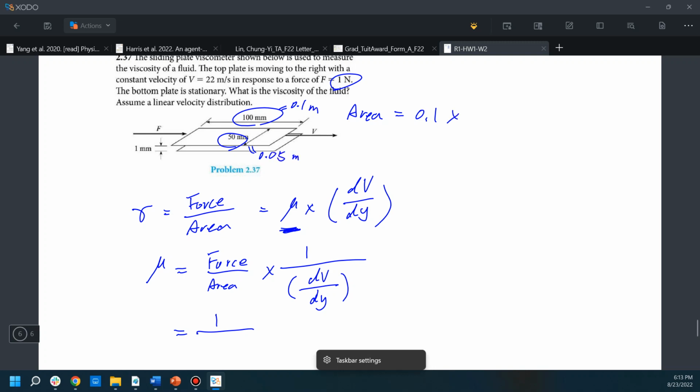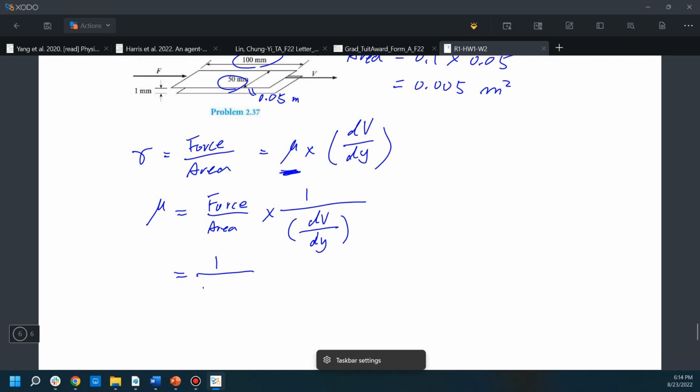Okay, so the area is 0.1 times 0.05, and this is 0.005 meter square.